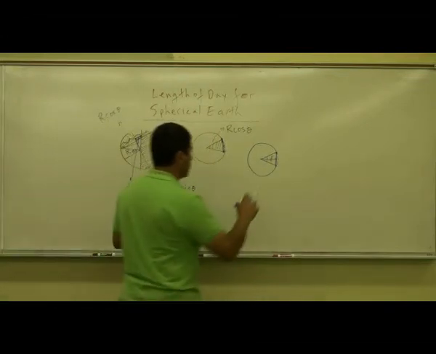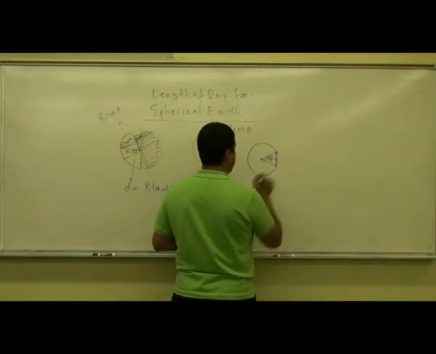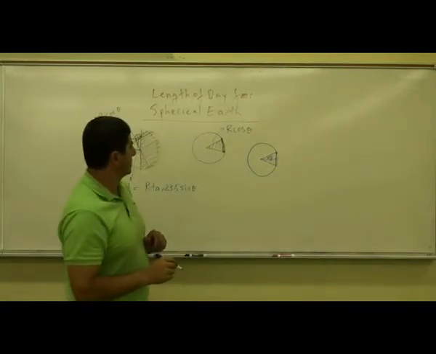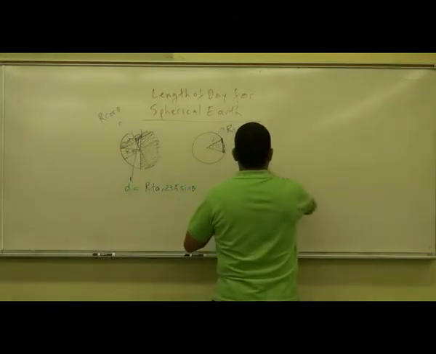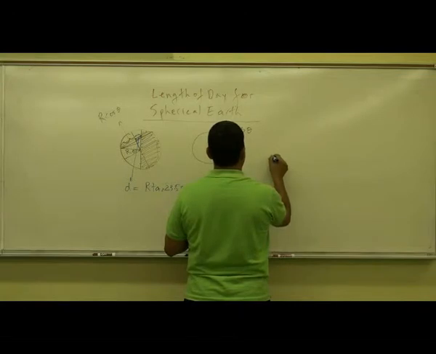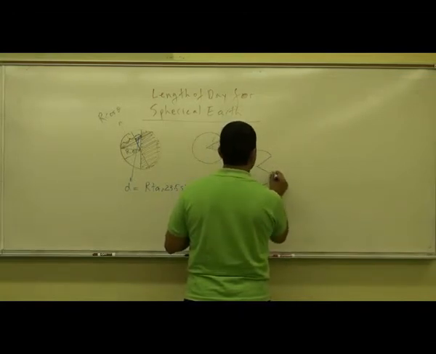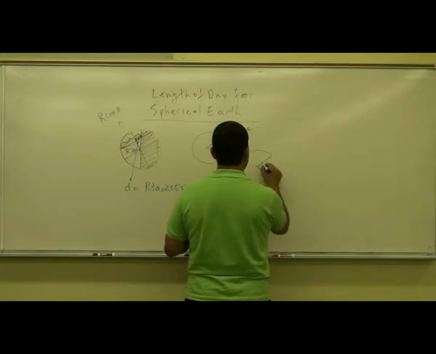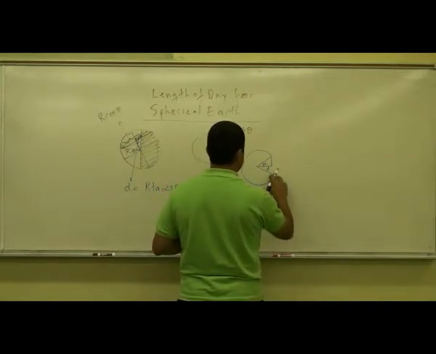Now if I call this piece here alpha, let's draw this a little bigger. If I call this piece alpha, and then I have a straight line here, alpha, and then this is d.